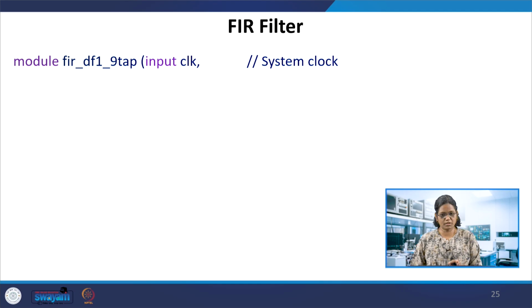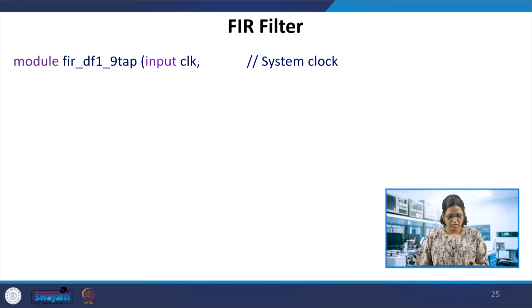You would need LEDs for each bit if you want to test each bit. But if you have ADCs and DACs that can be interfaced with the board, we can give an impulse input or the signal to be filtered, and then through the DAC the output of the filter can be taken out and seen on the oscilloscope.